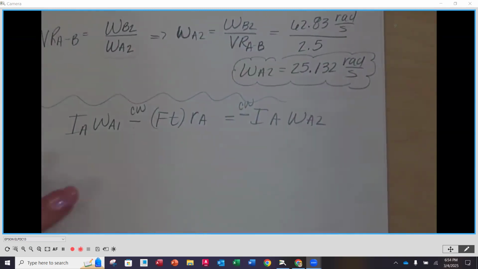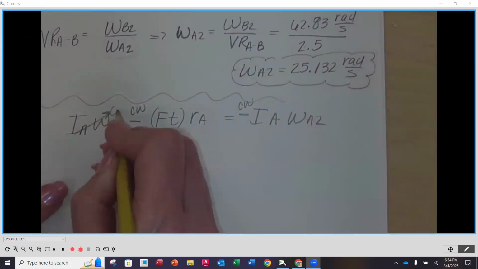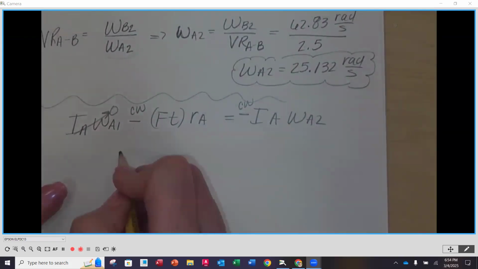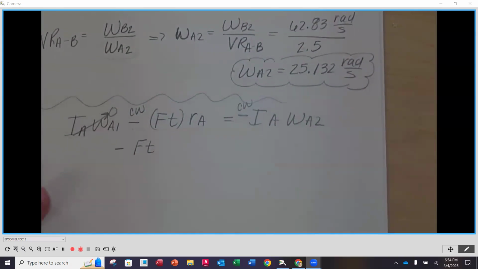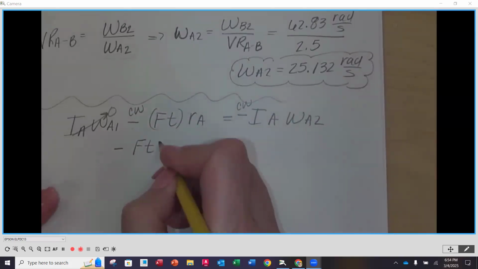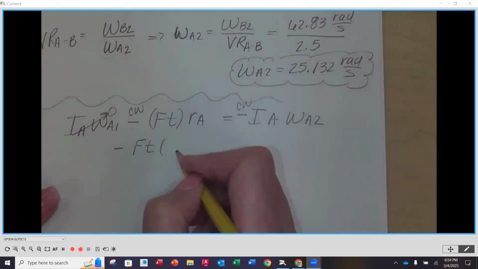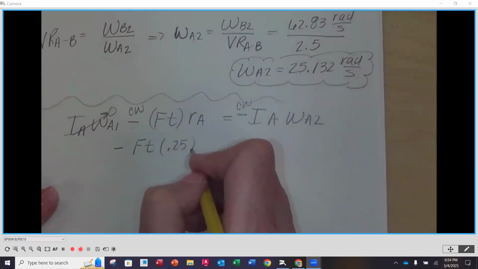Okay, now we can put our values in. So we know that this is 0, so I'm not even going to include it. So then this is going to be negative F times T. We don't know force and we don't know the time, so that's going to be something we're going to be solving for. So keep those two together. And we're going to multiply that by the radius at A, which is 0.25 meters.